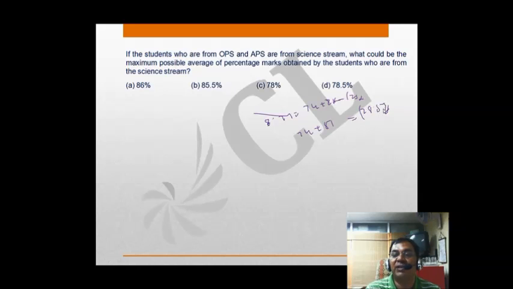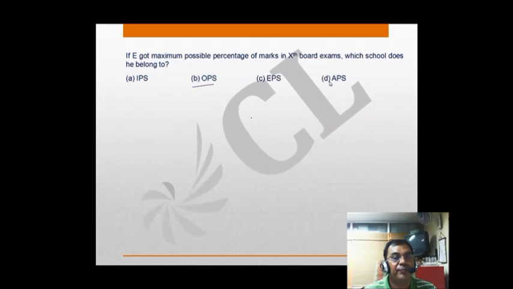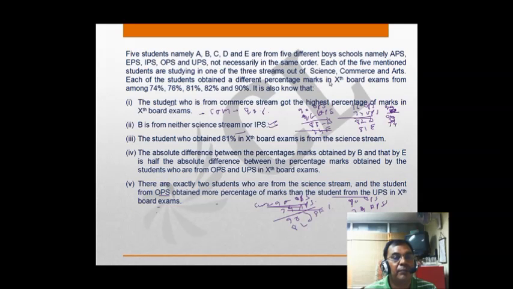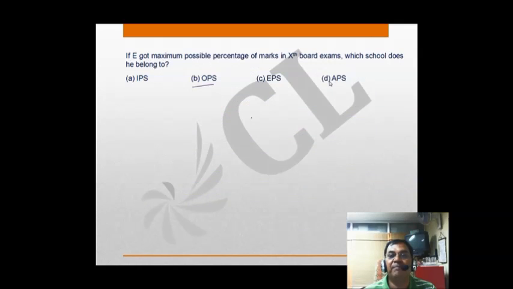These two combinations I can take, but why 75 is not given I cannot figure out, but because it is still not given, I'll mark this as the answer and move on, because 81% is given. 81% is very clear, so minimum I can give 74%, and then we get the answer.